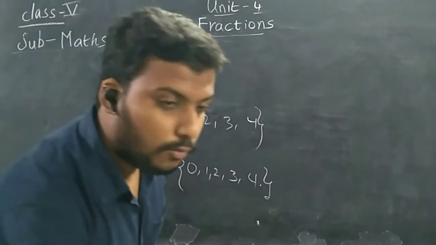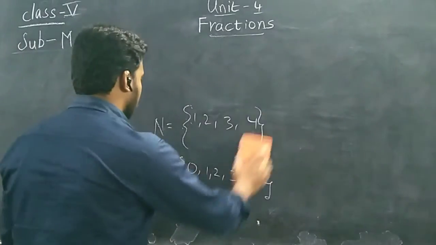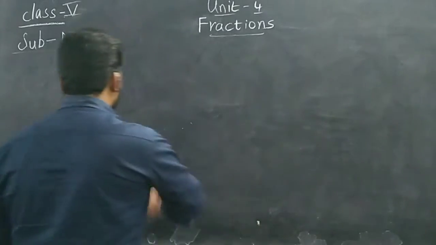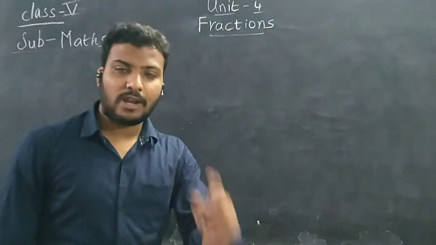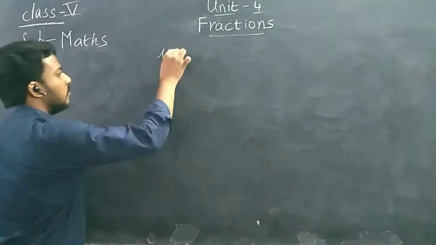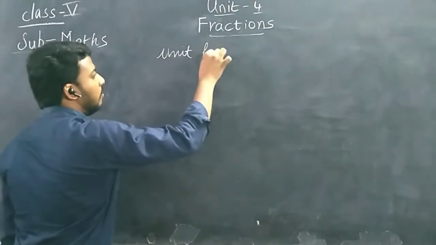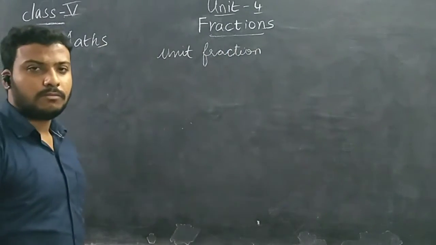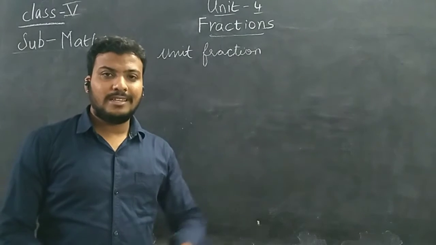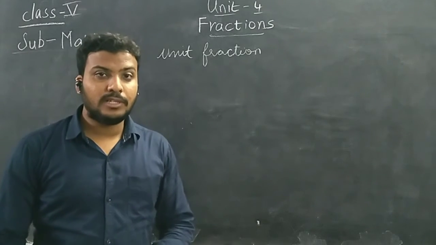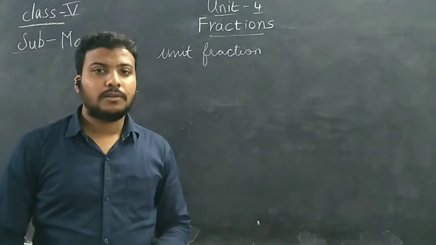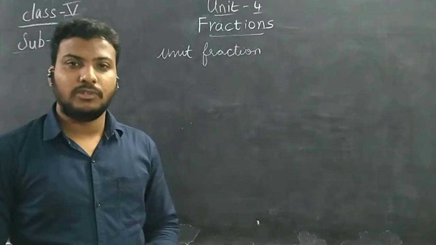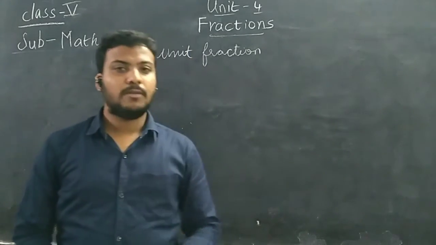So we'll see what the different types of fractions are, so you will get a clear idea about it. The first type of fraction is the unit fraction. Children, what is a unit fraction? In that type of fraction, you will see 1 as the numerator. Simply to say, in the place of the numerator, the value will be 1, children.